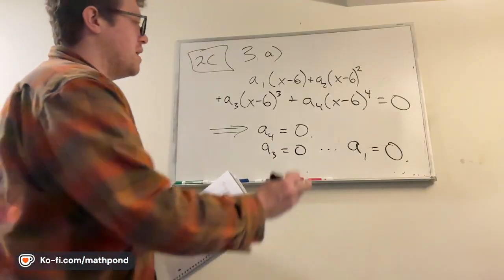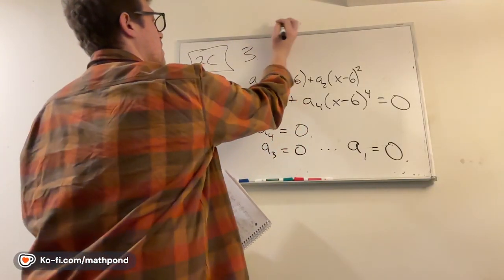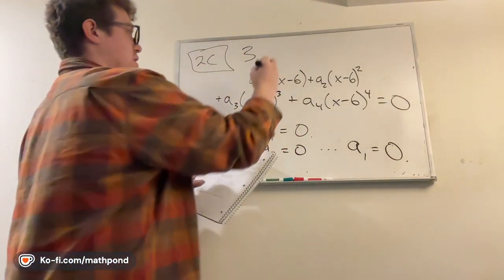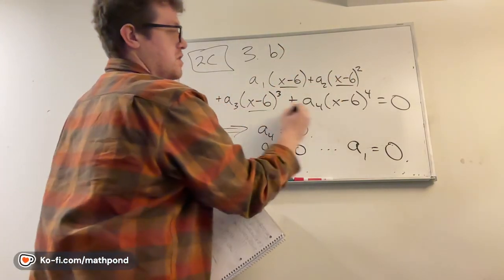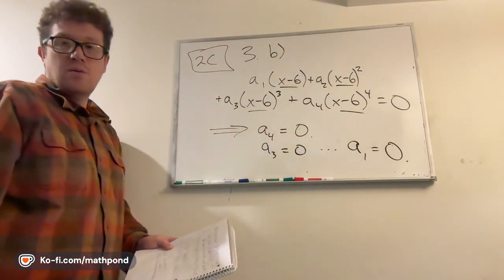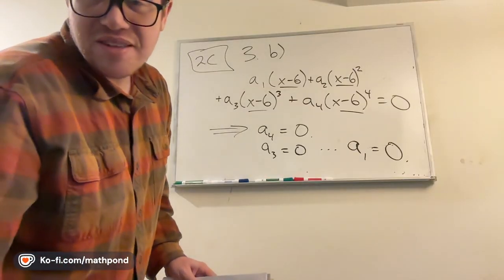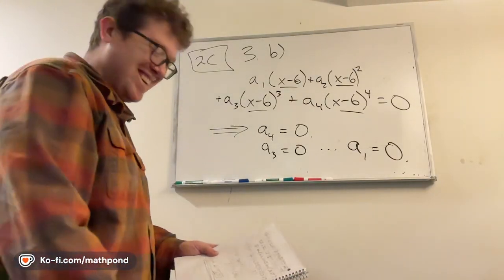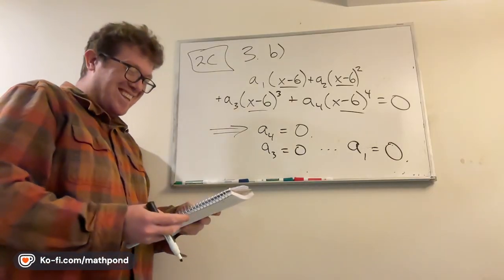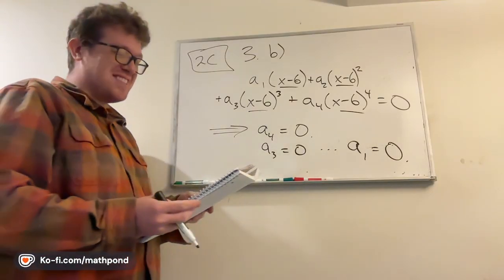So part B here. They want us to extend this list to a basis, and if it's not 6, it's 7, right? Yeah, exactly. Right, actually, yeah, we'll add 6 to the basis.